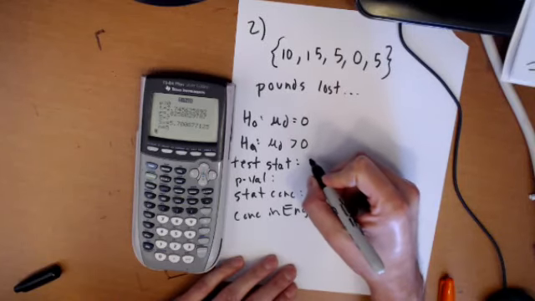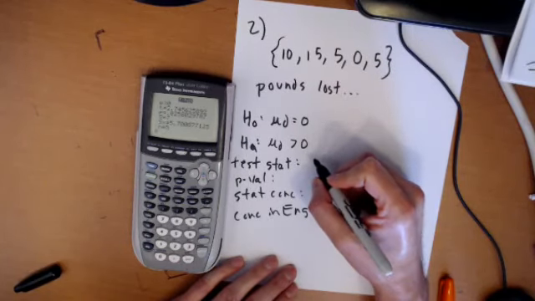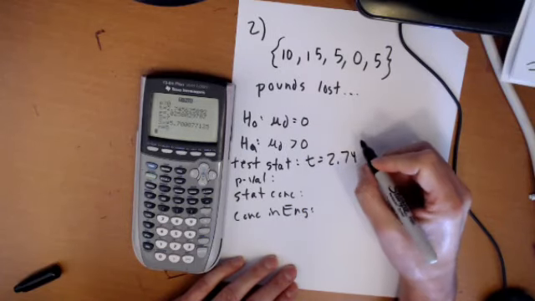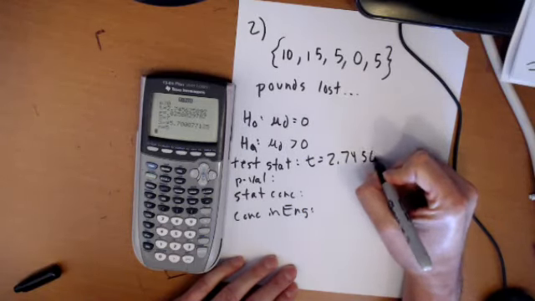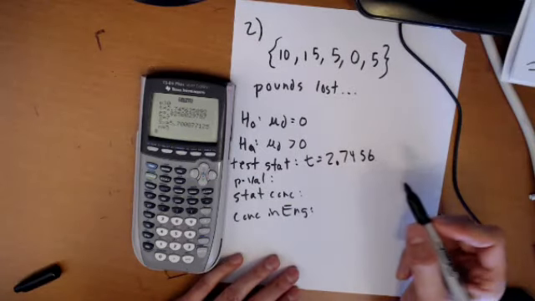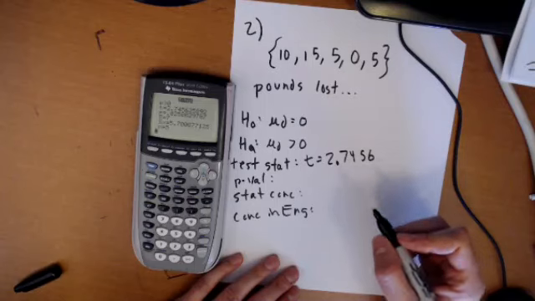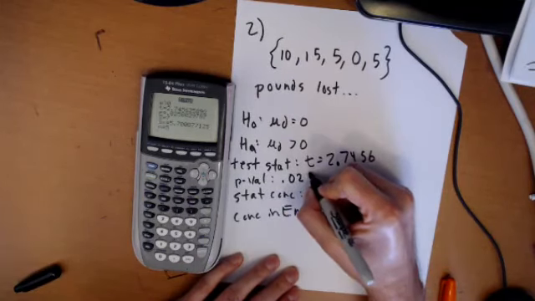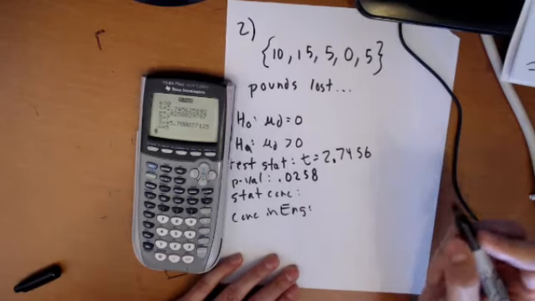So test stat, don't just write 2.7456, write t equal 2.7456. I just arbitrarily went out to the 4th place. You could have called it 2.746 if you wanted, that works. P-val right below it, 0.0258. Again, just went 4 places randomly.